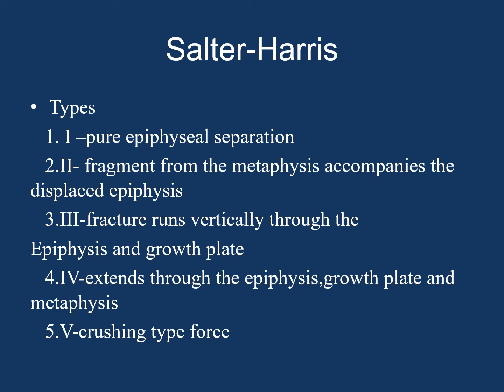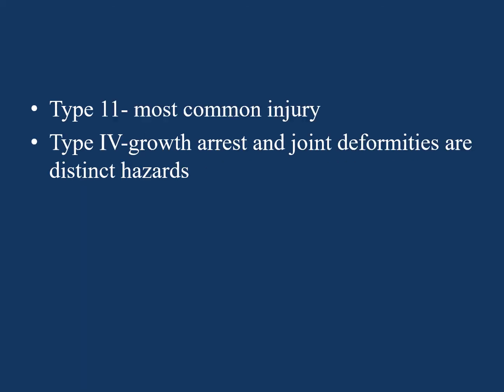Type 2, fragment from the metaphysis accompanies the displaced epiphysis. Type 3, fracture runs vertically through the epiphysis and growth plate. Type 4, it extends through the epiphysis, growth plate, and metaphysis. And type 5 is a crushing type of injury.